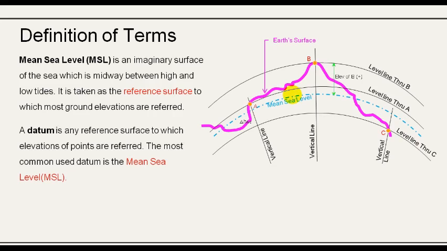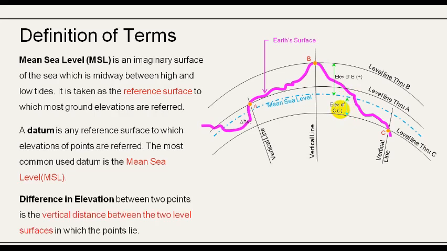And from mean sea level to point B, this is the elevation of B, and since it is above mean sea level, so we have a positive sign. And for elevation of point C, since it is below mean sea level, we're gonna use the negative sign.